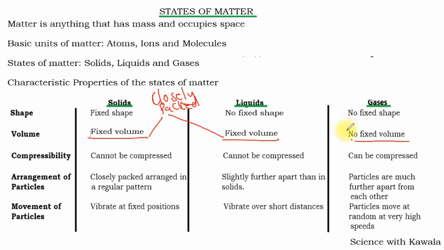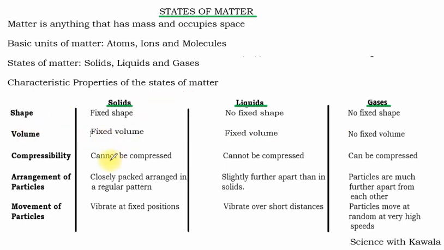For gases, the particles are much further apart from each other. So you'll find that gases don't have a fixed volume. You can bring those particles closer together if you just apply the right amount of pressure. For solids and liquids, it's because they're closely packed. So even if you try to squeeze them together, you might bring those particles just a bit closer, but the difference is negligible. So solids have a fixed volume, liquids have a fixed volume.